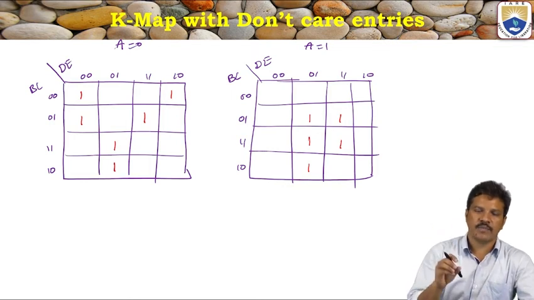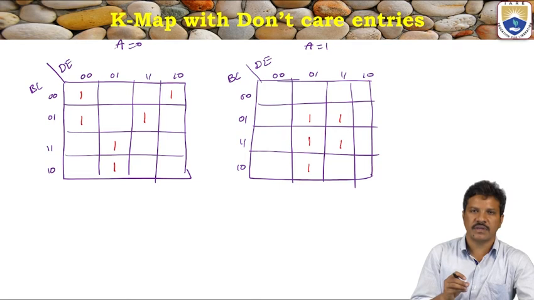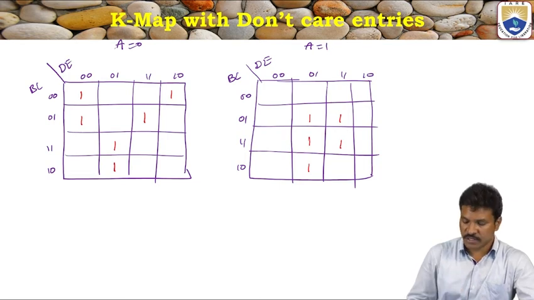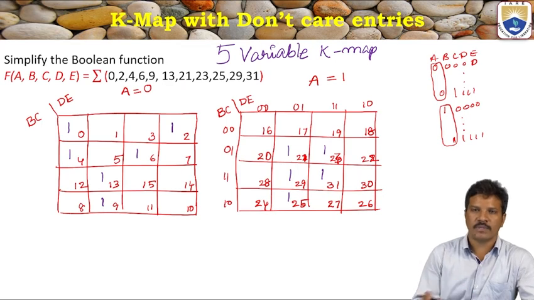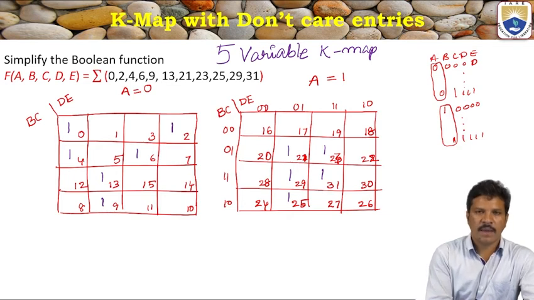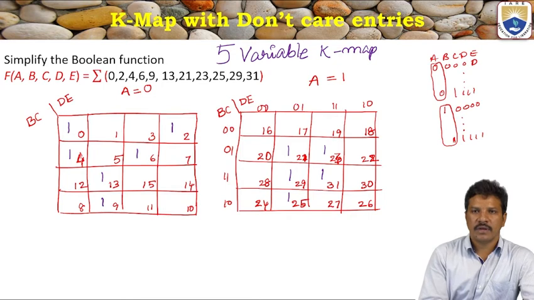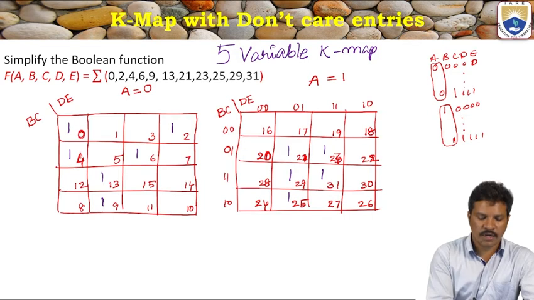In order to pick up the shapes of adjacent minterms, we can identify these 2 K-maps. One more thing to remember: minterm 4 is also adjacent to minterm 20, and minterm 0 is also adjacent to minterm 16.